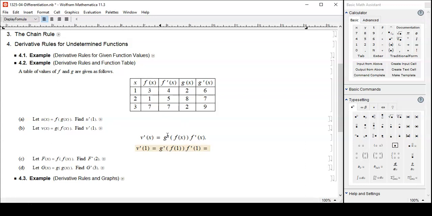Look up the table. That's 4. And what is f of 1? That's 3, isn't it? So you get g prime of 3 times f prime of 1 is 4. And what is g prime of 3? We have 9 times 4, so that's 36.